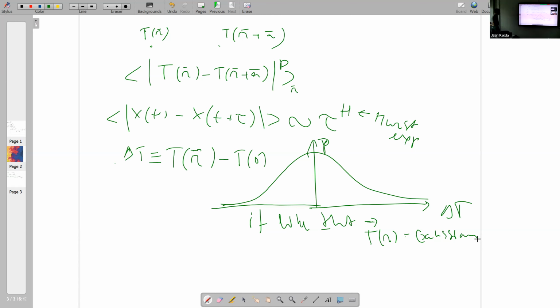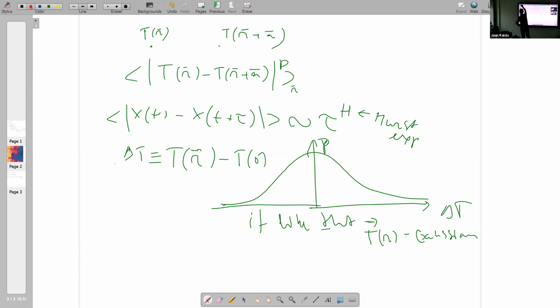Now, if we have a self-affine Gaussian function, self-affine means that the coordinate difference scales as a power law of the time delay. If we have a self-affine function which is at the same time Gaussian, then this defines everything.